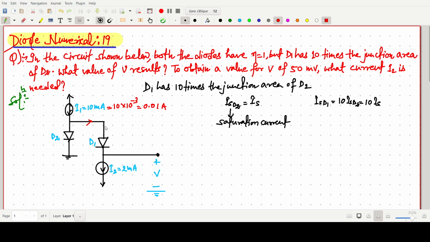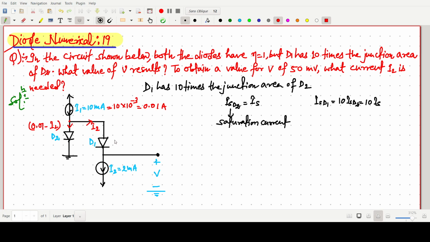So all current is going like this, and this current will be 0.01 minus I2. Simple Kirchhoff's current law. I1 is there, I2 is going in this path. So this current will be 0.01 minus I2. Okay. So this is clear.